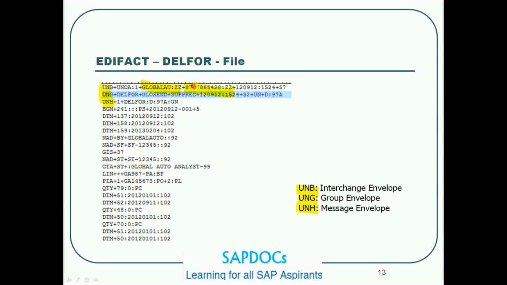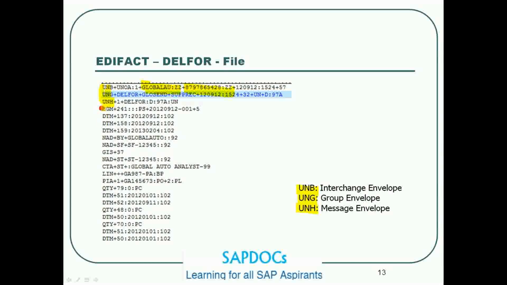And these numbers that you see here are defined at the VAN to identify a certain company. So your company, let's say you're Global Automotive, and you have your ID tied to Global AU, and there's a supplier who has an ID 8797865428, and this is the qualifier, and we'll get to that in more detail later in the course.